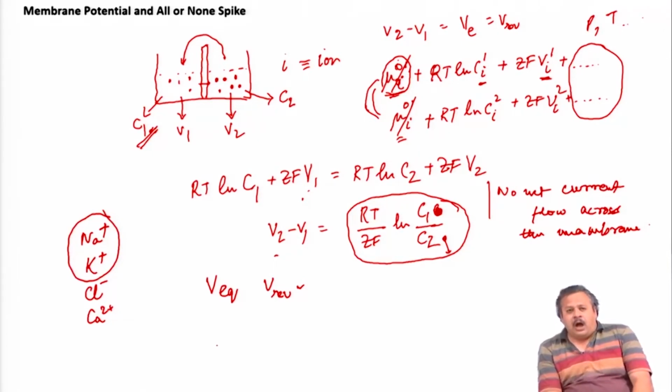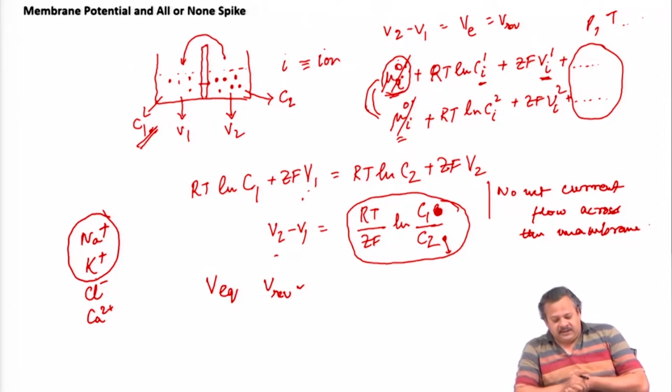So, what is the membrane potential for neurons? It will depend on the concentrations C1 and C2, outside and inside, of each of the ions. And finally, if all the ions are at rest, that will determine what the membrane potential of the neuron is going to be.